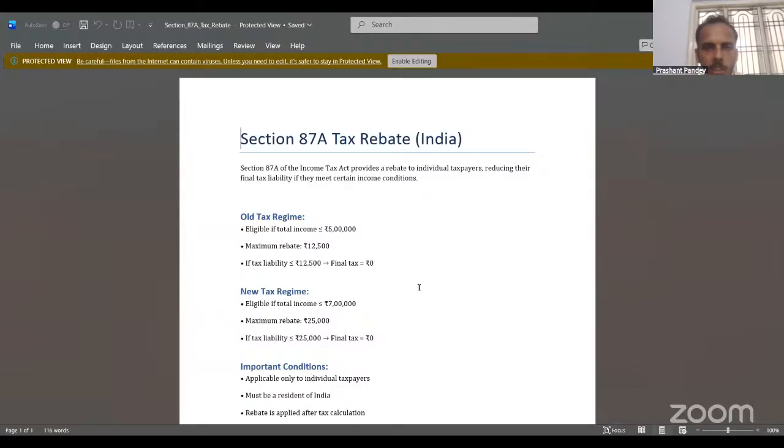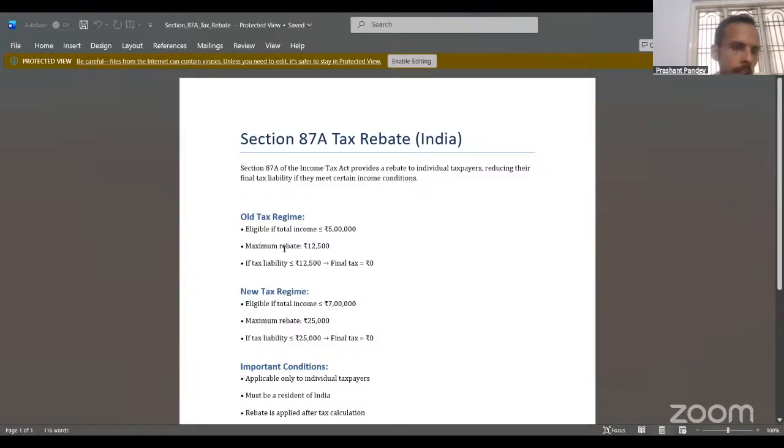See, deductions are different and rebates are different. Rebate basically reduces the final tax liability of the assessee. But in order to avail rebate, certain conditions have to be satisfied. So the assessee is able to enjoy these tax rebates only if he satisfies the conditions.